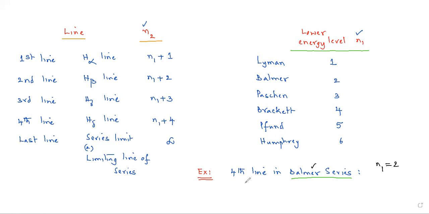And now they are asking for the fourth line, nothing but the H delta line. You just add 4 to your N1. So N2 will be 2 plus 4. If it is for the fourth line, you just add 4. Okay. Next.